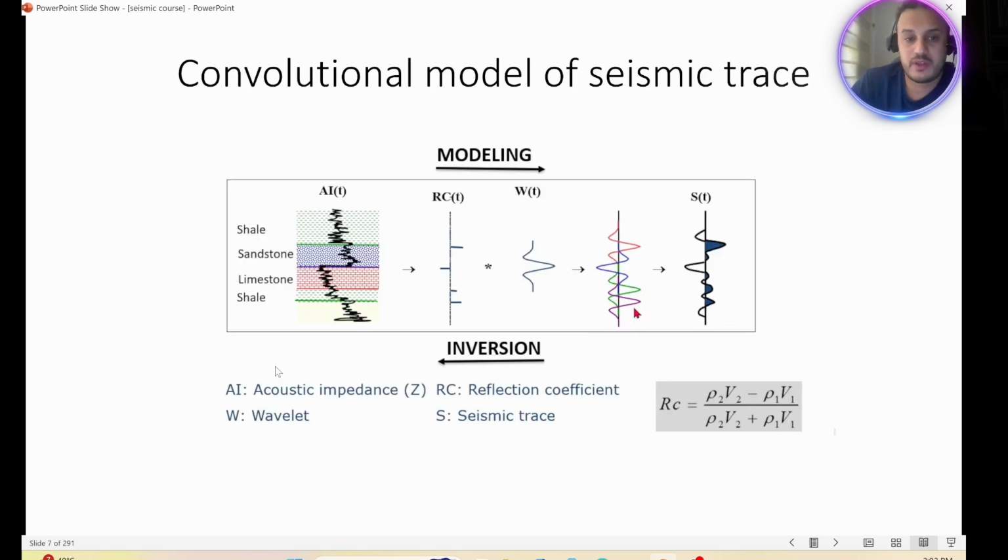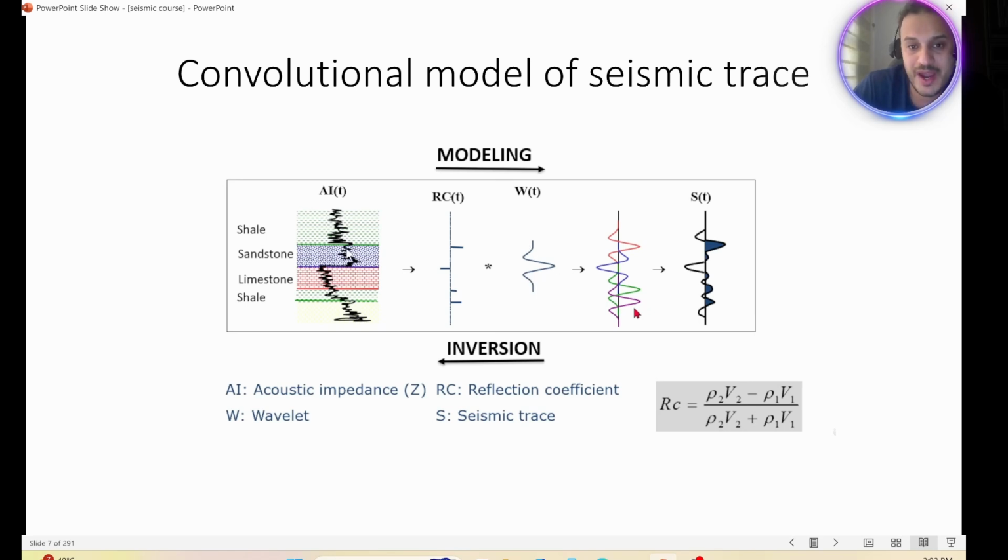Depending on the layers, we have shale, this is shale rock, sandstone rock, limestone, shale. This depends on the acoustic impedance. If this rock has high acoustic impedance, we will get a positive reflection coefficient, and this is the wavelet, so we have a positive wavelet from this side.